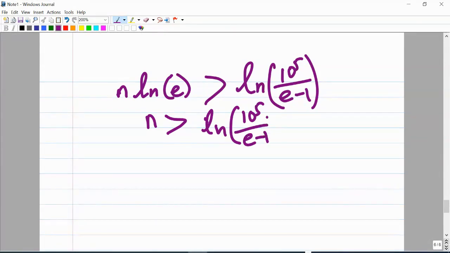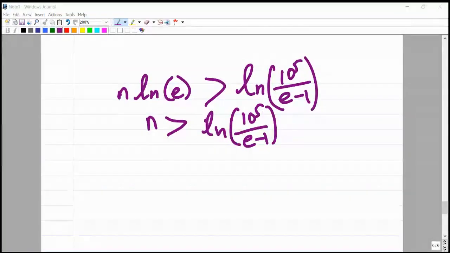So we need to calculate this value and see what it gives us. Let's see how it comes out.